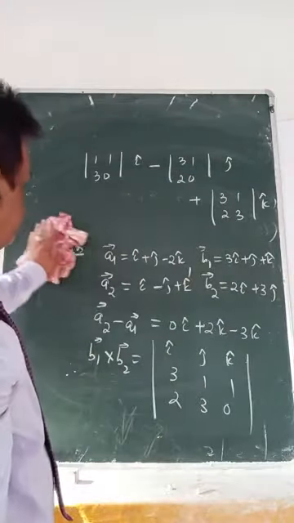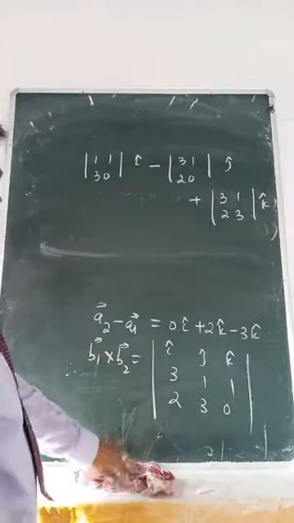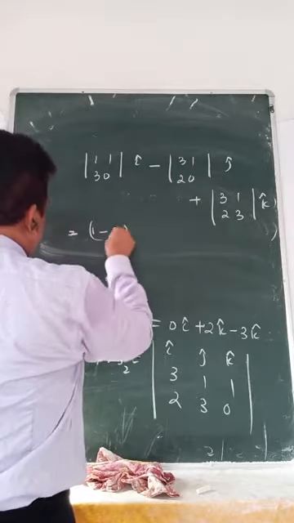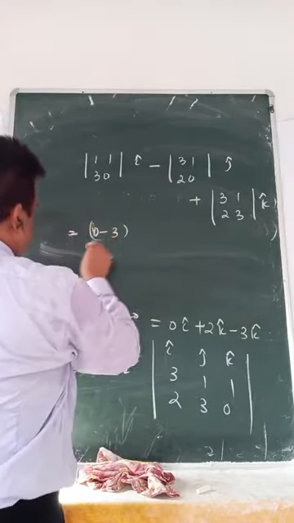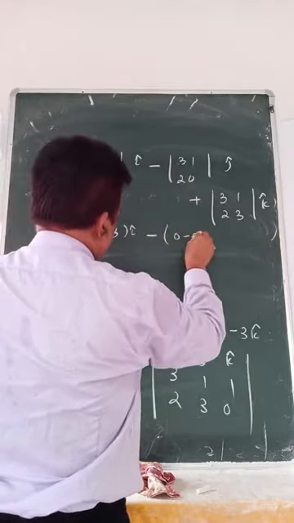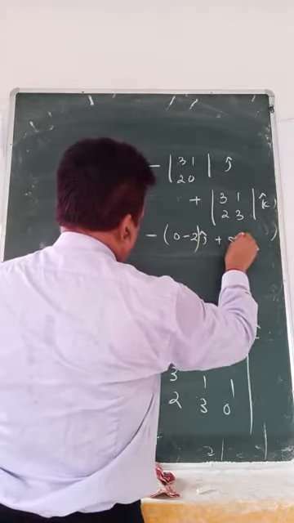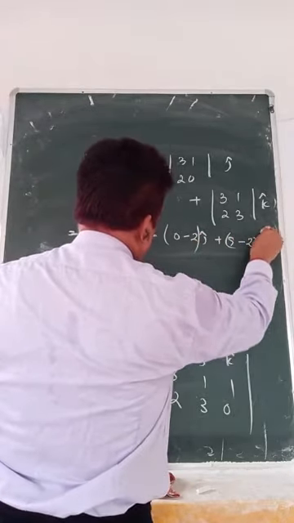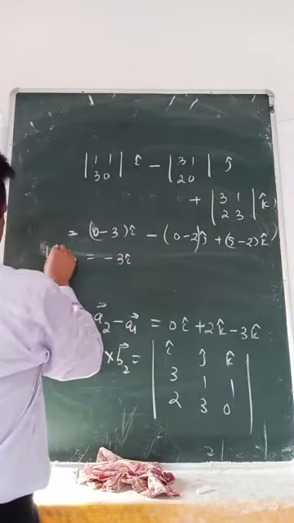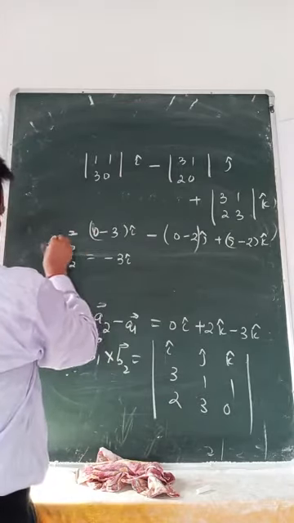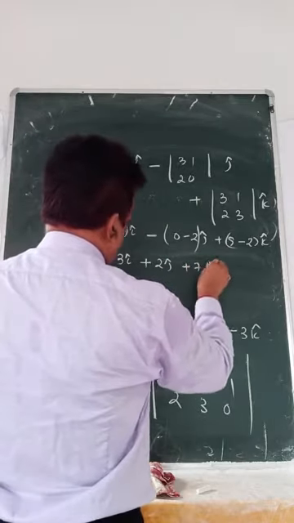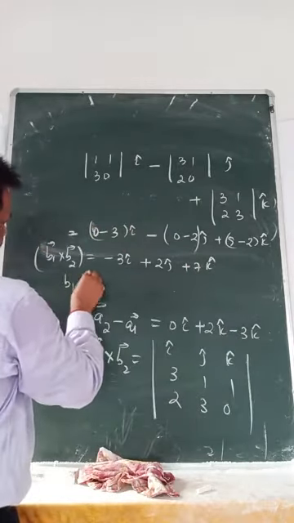So that will give you, directly: 1 minus 1 into 0 is 0, 0 minus 3i, 0 minus 2j, 9 minus 2k. So that will be minus 3i plus 2j plus 7k. This is B1 cross B2.